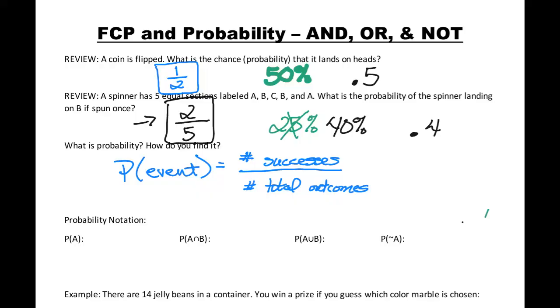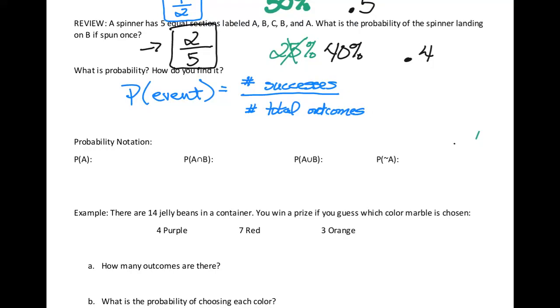All right. So then we have specific notation, meaning a specific way that we write things. Probability notation below. The probability that A is going to happen means the probability of rolling an A over your total.